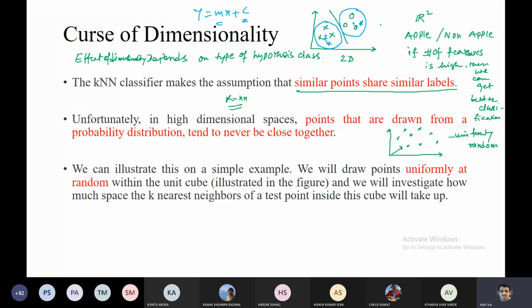This k parameter is also a hyperparameter, so you could take the 3 nearest neighbors. As in our example, you take the distance of this point to all of these, and if the number of stars or crosses is higher, then it belongs to that class. So this is the kind of learning. You have to know these parameters. So it's a much more trivial form of learning. In logistic regression and linear regression there are a lot of things we have to do, but here it is a much simpler or trivial form of learning. Got your answer?